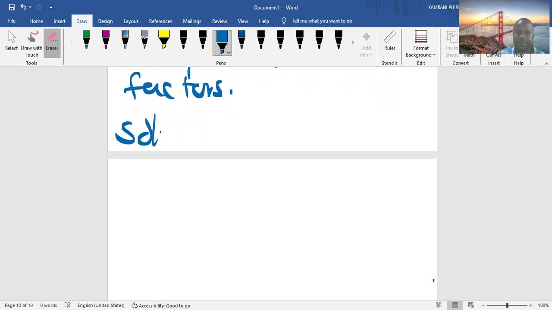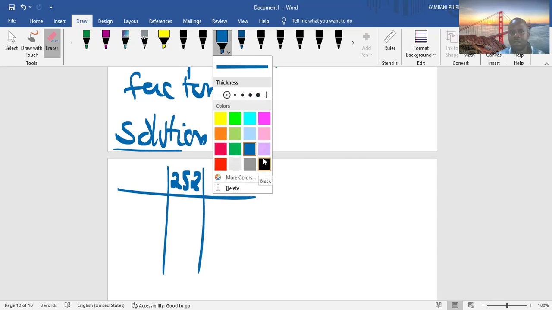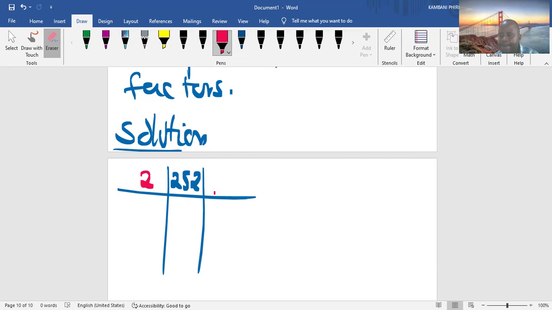It's a solution. So you can just do a table. So here we have got 252. Then here you can try to put the first prime number. You check if it can divide into this. So it is 2. Okay.